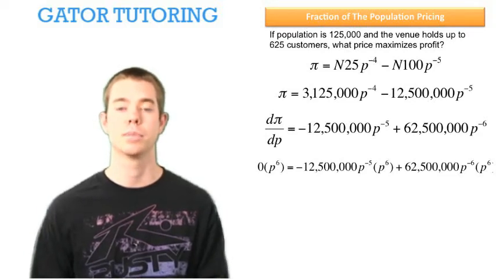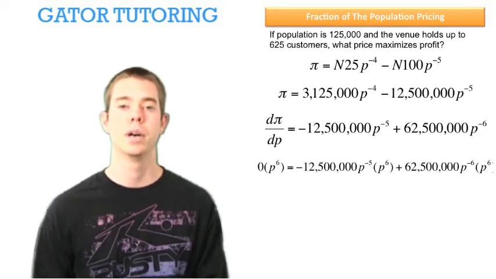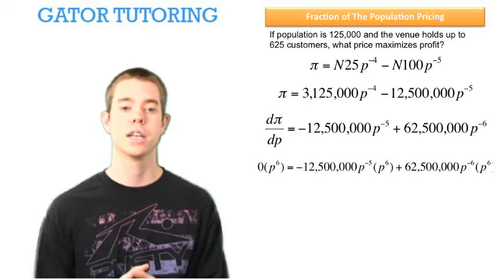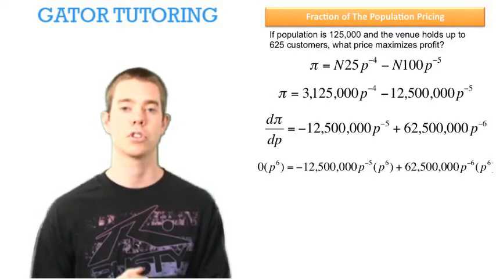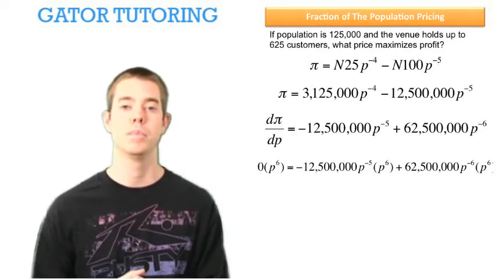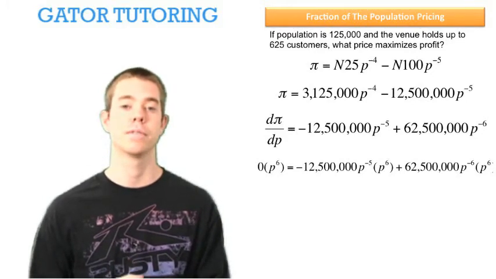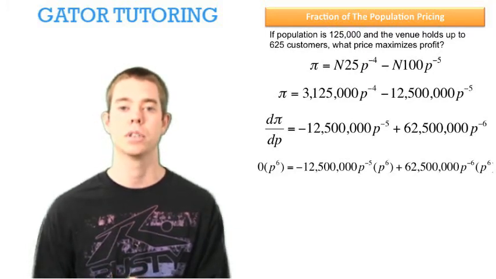0 times p raised to the positive 6 is just 0. But this helps because take a look at our first function on the right, negative 12.5 million times p raised to the negative 5. When that's multiplied by p raised to the positive 6, we're going to add those exponents. Negative 5 plus 6 gives us a positive 1, so we're just going to have p.